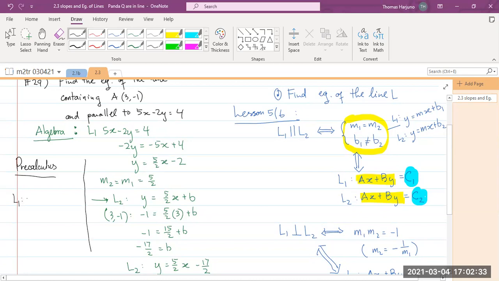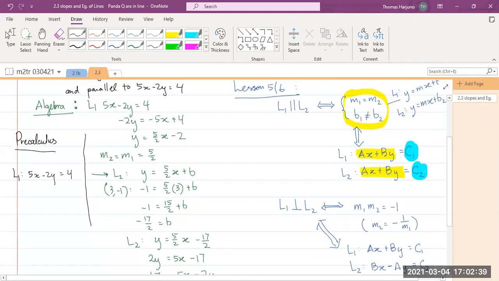Line 1 is 5x minus 2y equals 4. Line 2 is parallel to line 1. Therefore, it must maintain the same structure except the constant. Now, how do we find the constant? I plug in the coordinate 3, -1.